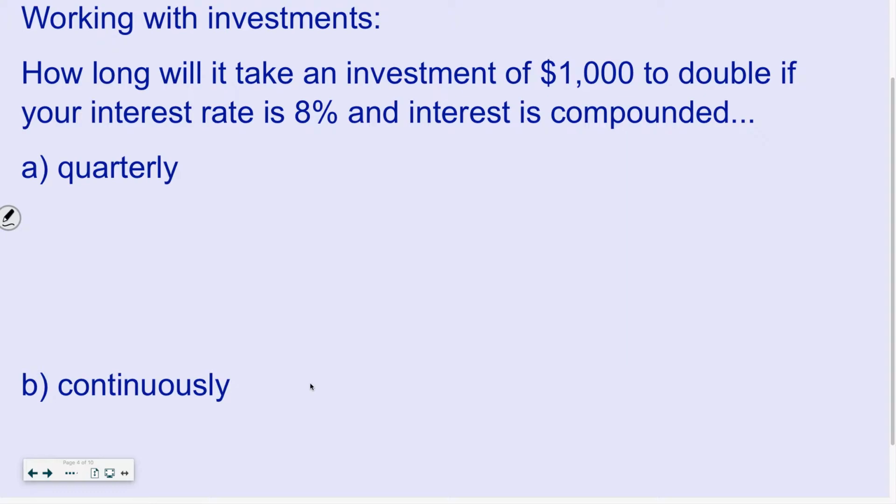So when it talks about how much you're investing, at what rate, and interest being compounded, what are you thinking about? You might be thinking about A equals the principal times 1 plus r over n raised to the n times t. Or in part B, if you're compounding continuously.